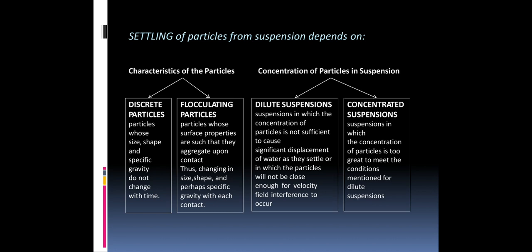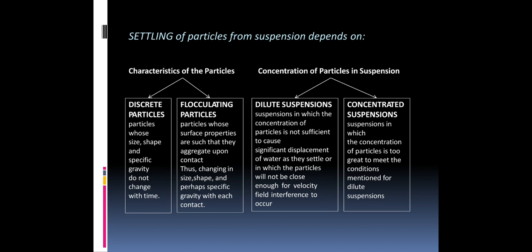In discrete particles, the size, shape and specific gravity do not change with time. Flocculating particles are those whose surface properties are such that they aggregate upon contact, thus changing in size, shape and perhaps specific gravity with each contact.